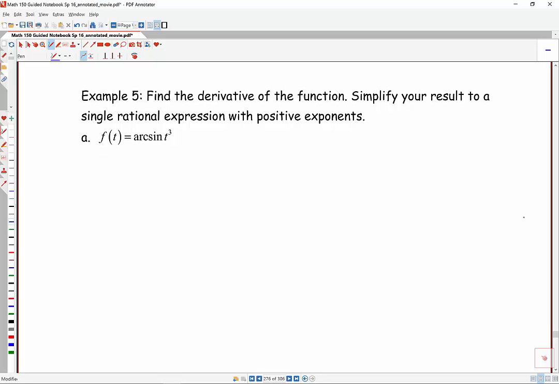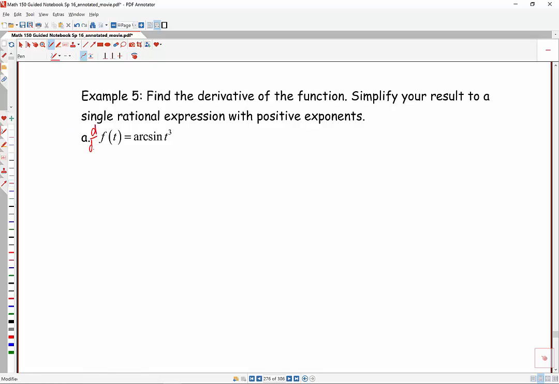So we've got these new formulas, and the new formulas are going to work in with all of our other rules. So we have arc sine at t cubed. I don't like showing it that way. I'll show you the way we've been doing it for derivatives. So we'd have d dt of both sides.